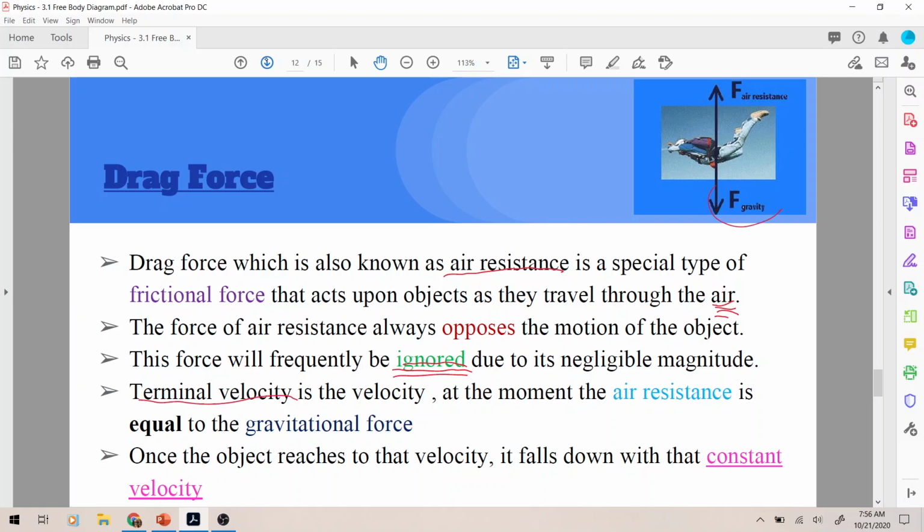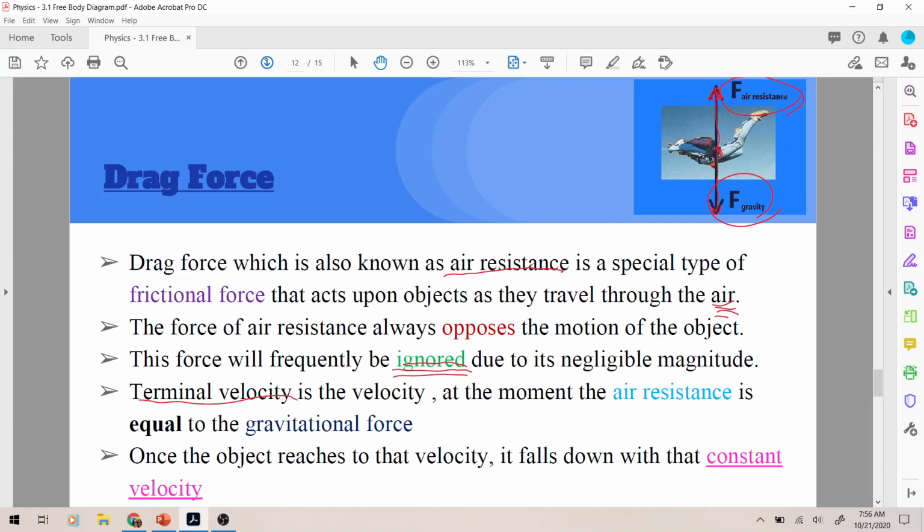So gravity pulls things down, right? But air resistance depends on the velocity of the object, which means as you go faster and faster, then this drag force is going to be more and more. So what does that mean? After a while, your gravitational force is going to be equal to that air resistance.